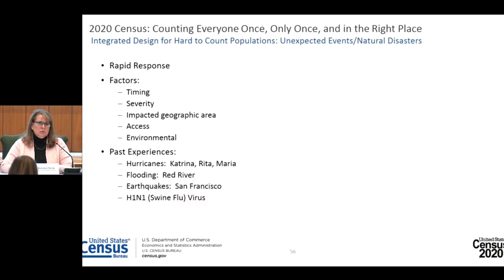And in the midst of conducting the 2010 census, the H1N1 or swine flu virus raised concern about the health and well-being of people around the country and that of our enumerators. Most recently, as mentioned earlier, the devastation resulting from Hurricane Maria has resulted in a change to the enumeration methodology in Puerto Rico for the 2020 census. And while we hope that we do not face the need to make additional adjustments to the 2020 census design as a result of natural disasters or other unexpected events, we will face those challenges head on and take the necessary steps to ensure that we can enumerate the population.